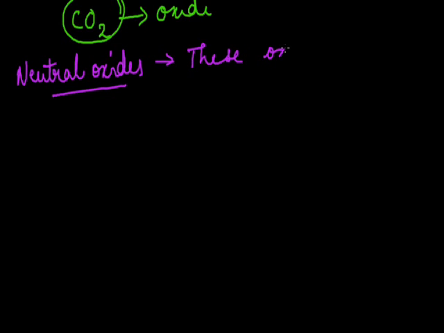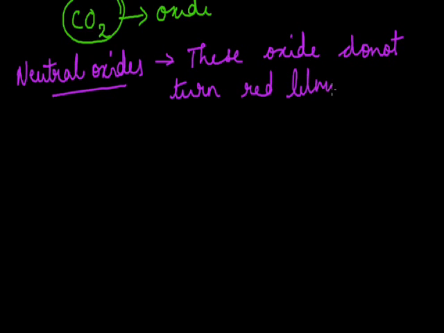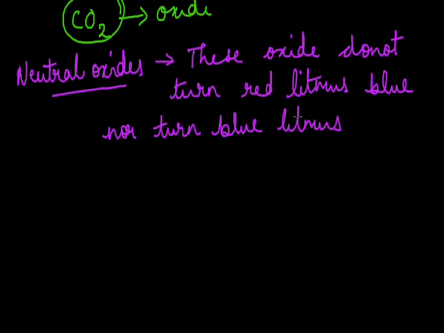These oxides do not turn red litmus blue nor turn blue litmus red. So these oxides are neutral because they do not have the tendency of turning red litmus blue nor blue litmus red.